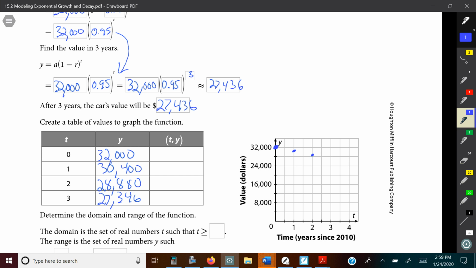And then 3 is going to be just below this line here. And it doesn't have much of a curve, but it's still an exponential function.